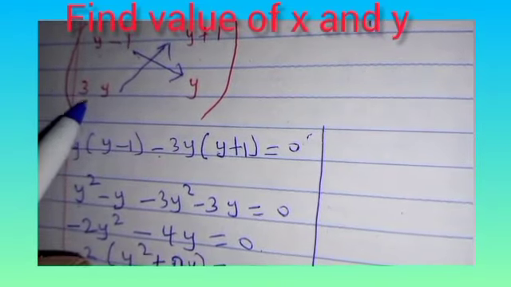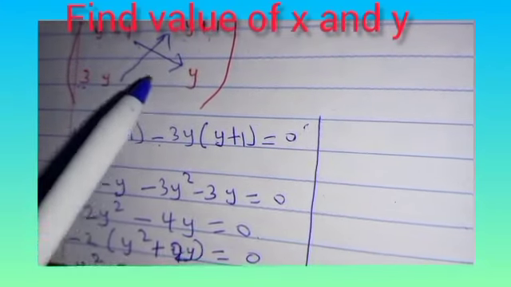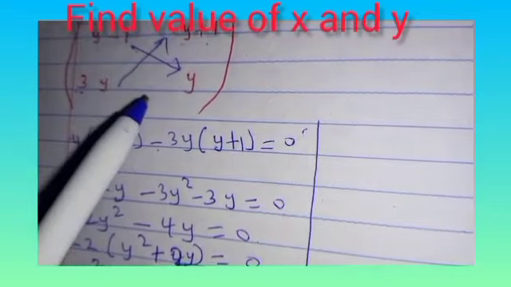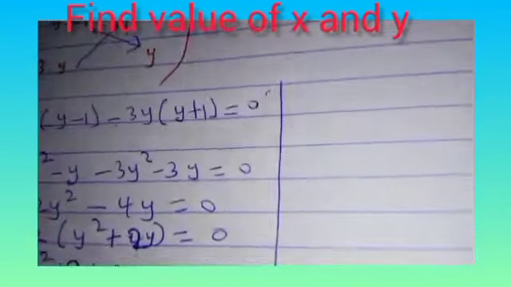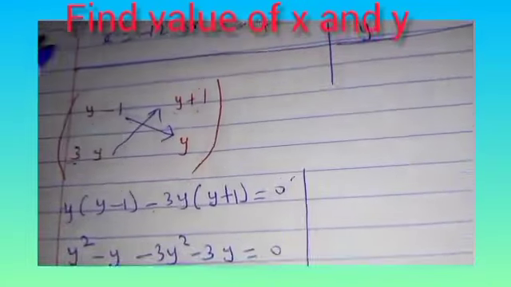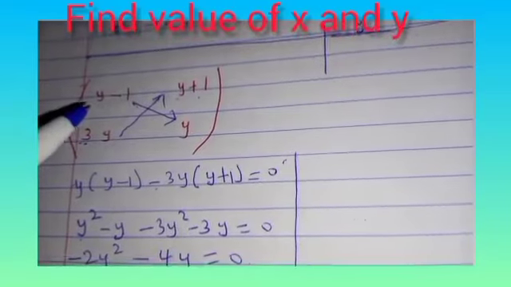Here you have negative 6 multiplied by 1. So you have 6 minus 6, which will give you 0. So those are the values of y. And generally, when your matrix is singular, you equate the determinant to 0 to get your result.